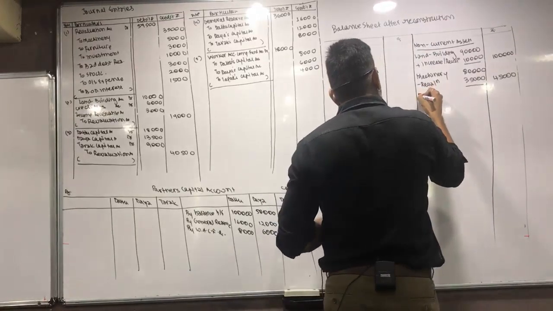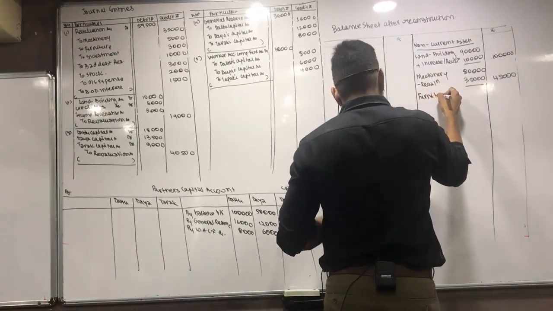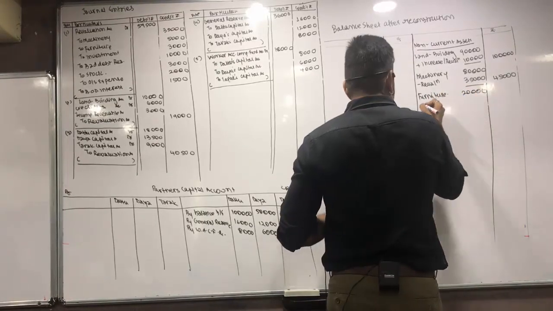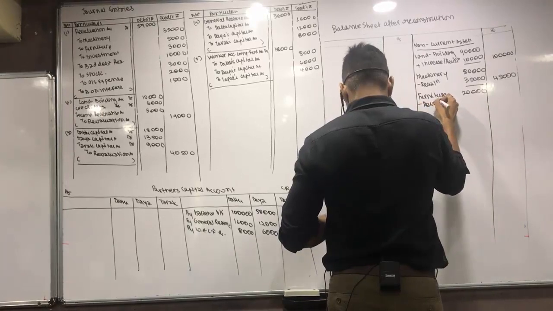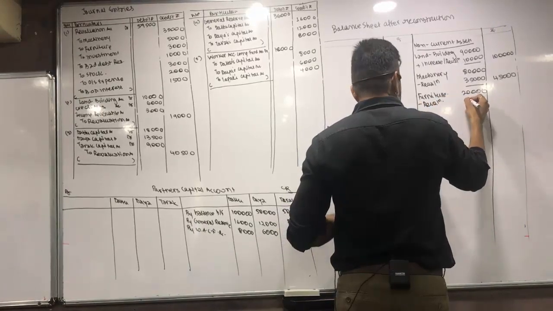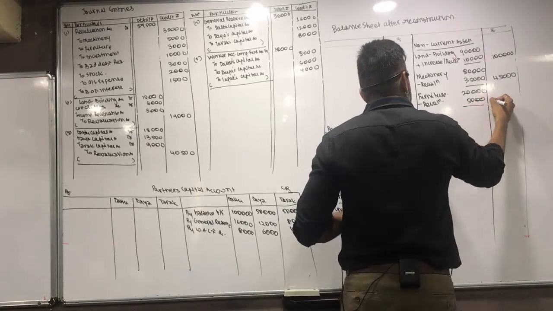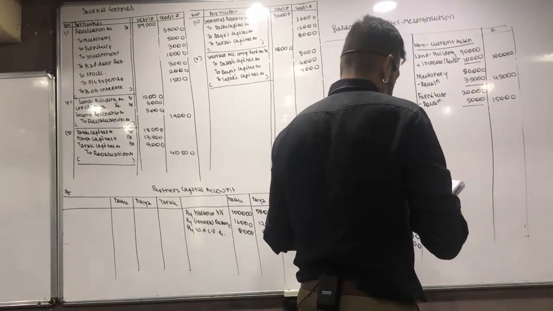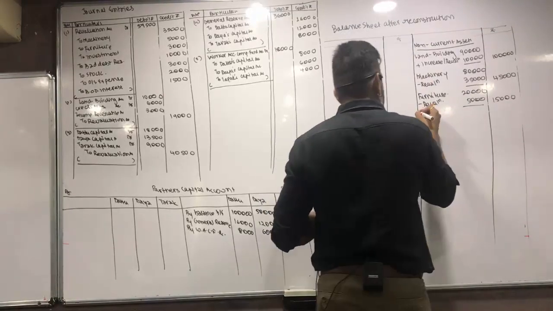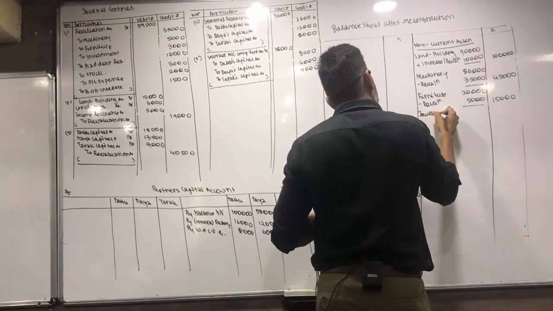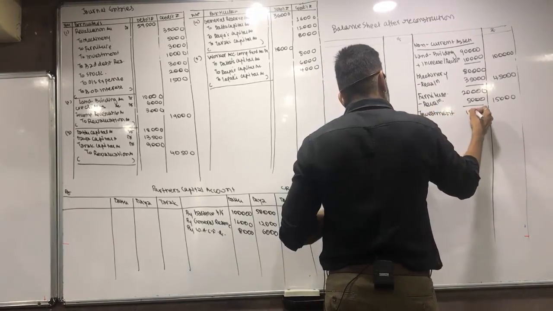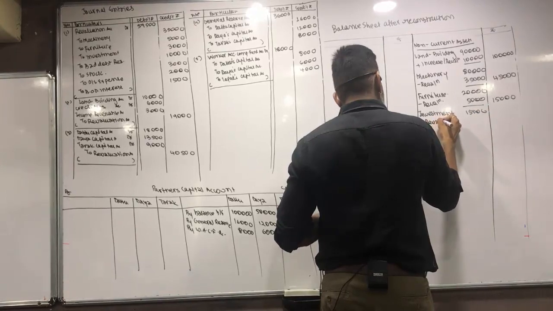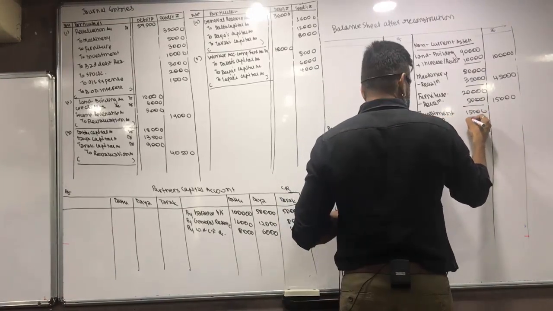Furniture 20,000, minus revaluation 5,000. Investment 15,000, minus revaluation 3,000.